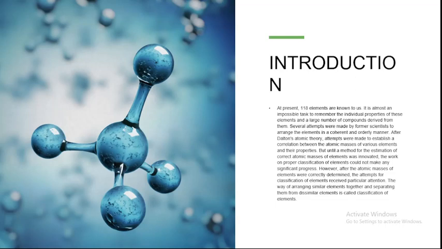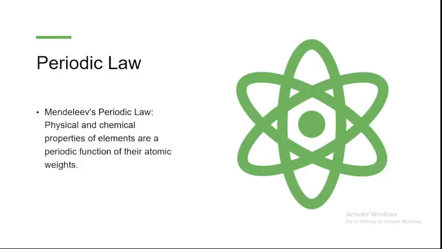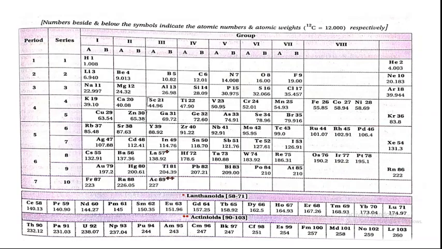Then Mendeleev introduced his periodic law, which states that the physical and chemical properties of elements are a periodic function of their atomic weights. Based on this law, Mendeleev arranged all the elements known at that time in a tabular form, like this one.